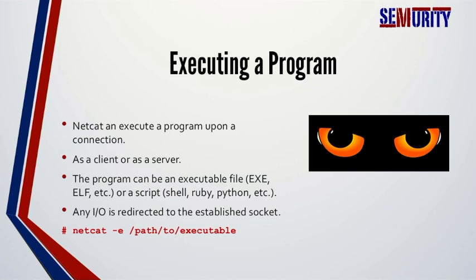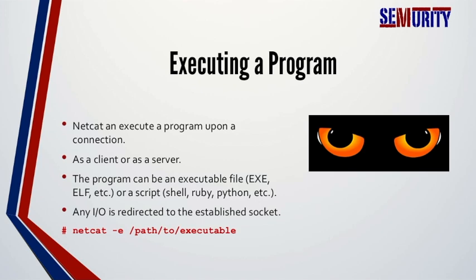Another thing we have to pay attention to here is the input and output of this executable file is going to be redirected to the established socket. So this program no longer takes input from the screen and from the terminal and no longer types the output on the terminal.